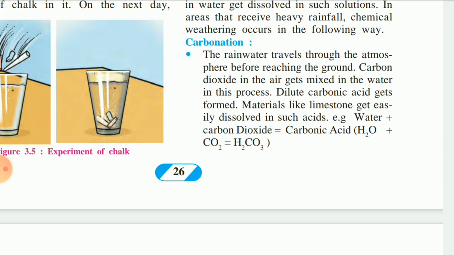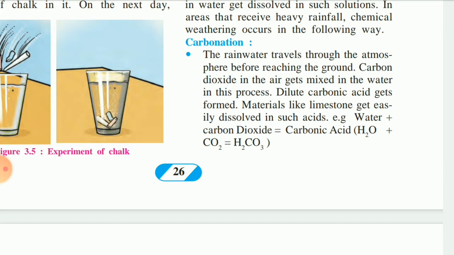In the middle is the atmosphere, and through the atmosphere the raindrop has to travel through several gases. Carbon dioxide is also available in the air. So the rainwater travels through the atmosphere before reaching the ground.